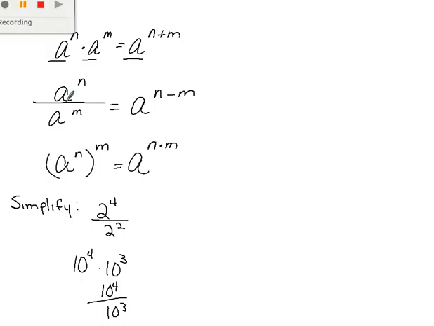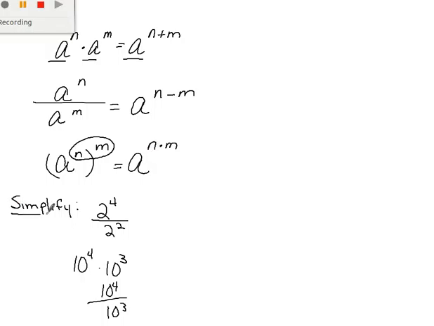In division, a to the nth power divided by a to the m power would equal a to the n minus m power. And then when you are powering a power, a to the n taken to the m power would be a to the n times m.